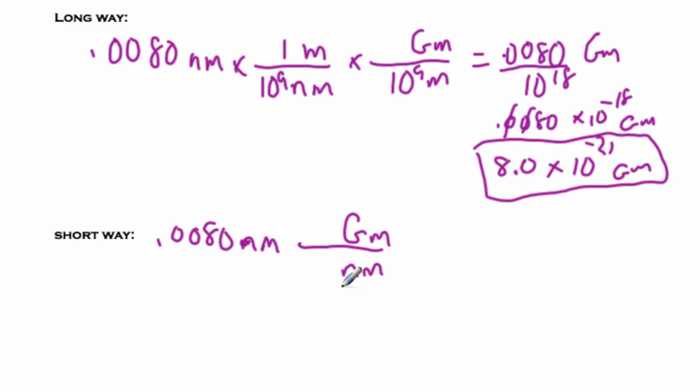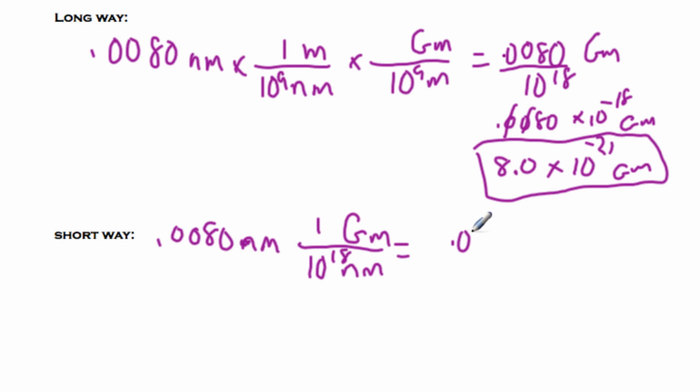This time, let's try it in our mind's eye. Nano is 10 to the minus 9. Giga is 10 to the 9. So from minus 9 to plus 9, we're going to have 18 powers of 10, a factor of 10 to the 18th. Who's the little guy? It's nano. Therefore, this will be 10 to the 18th.